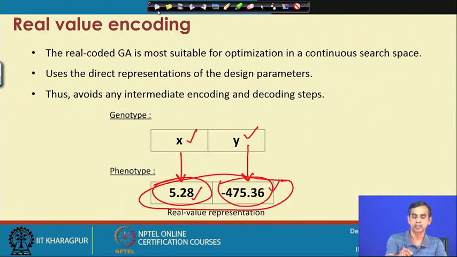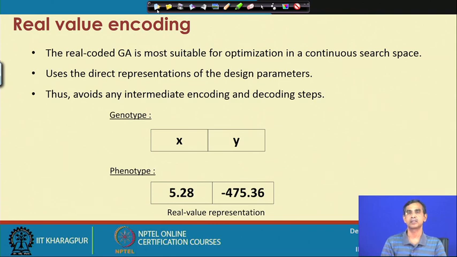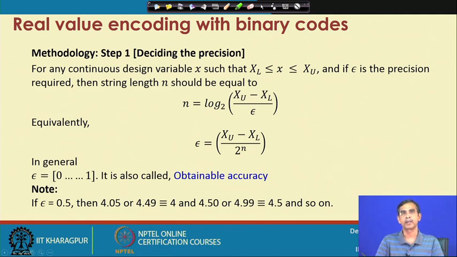So, this constitutes a solution, that means at any instant the solution is that x equals 5.28 and y equals minus 475.36. Now, the real value encoding scheme is very simple. However, real value encoding can also be in the form of binary codes. It is a more usual practice basically.